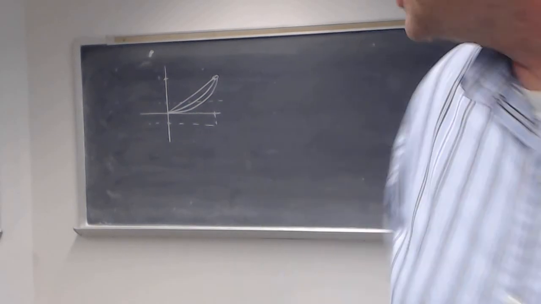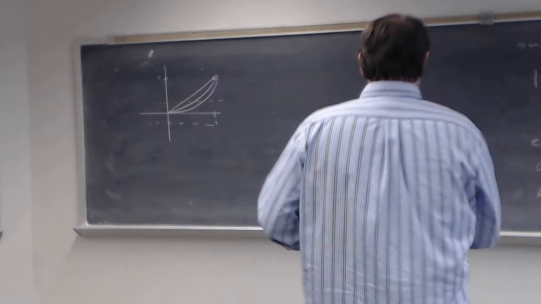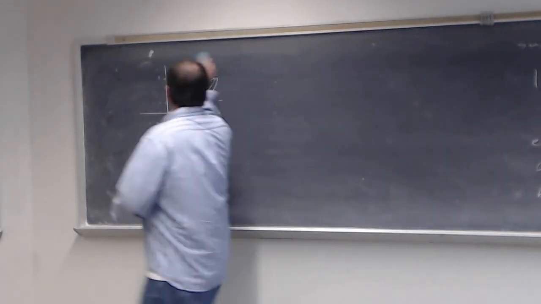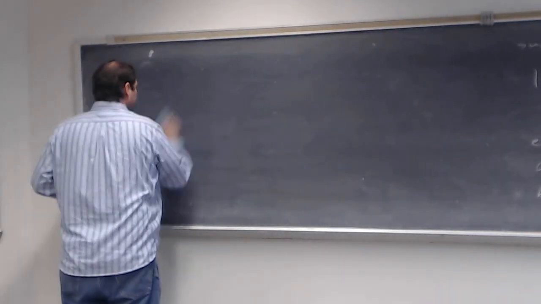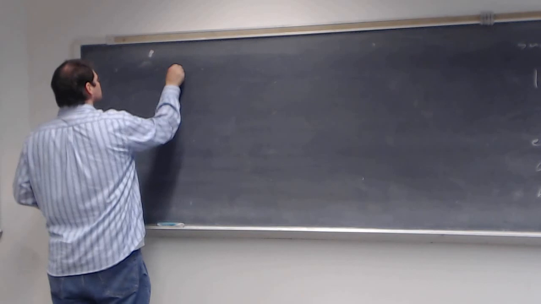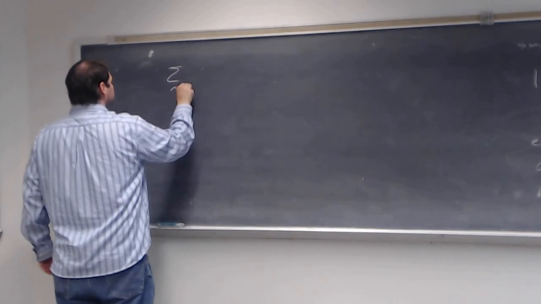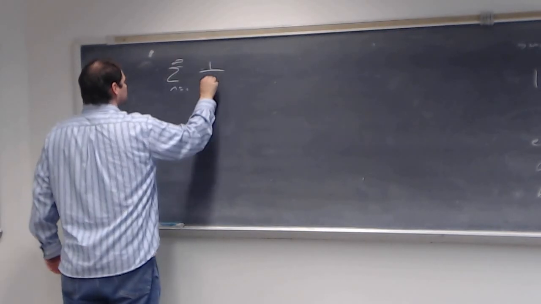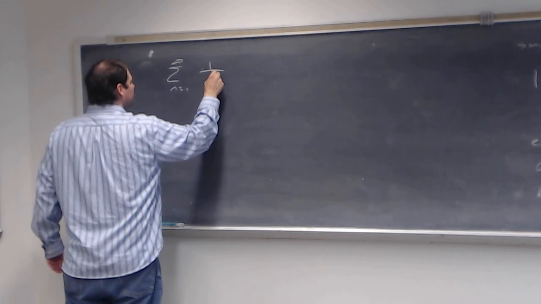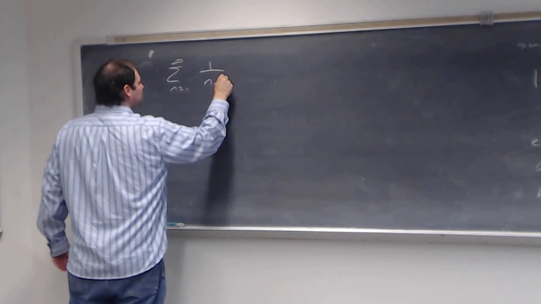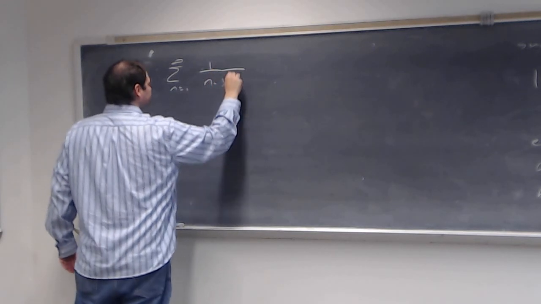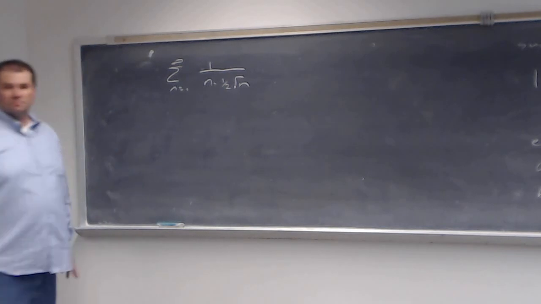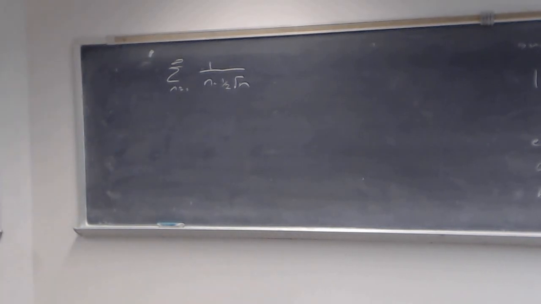Why don't you tell me what we're looking at? The sum from n equals 1 to infinity of 1 over n minus 1/2 square root of n. So we're looking at that particular problem.